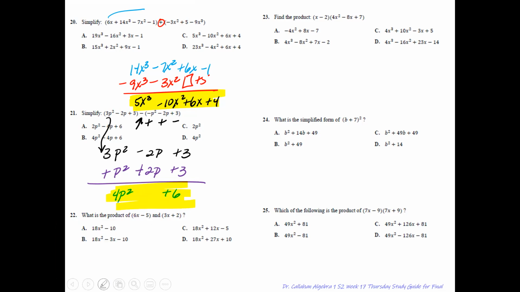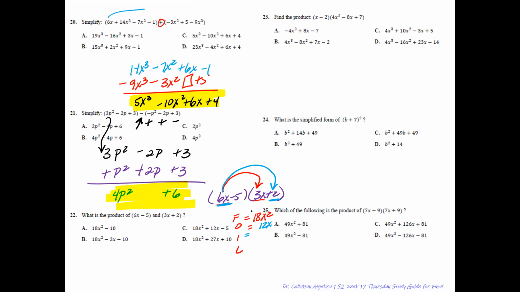All right, let's take a look at question number 22. For number 22, you have the product of 6x minus 5 and 3x plus 2. Product means you're going to be multiplying. And you guessed it, you're going to have to do FOIL. F-O-I-L. First is going to be 6x times 3x, which is 18x squared. Outer is going to be on the outside, so 6x and 2, that's going to be 12x.